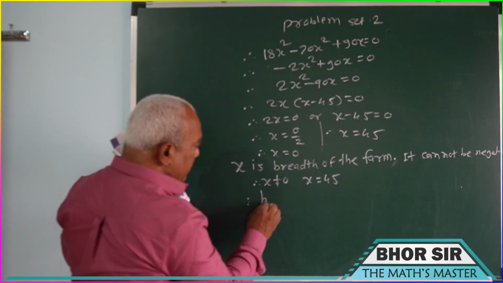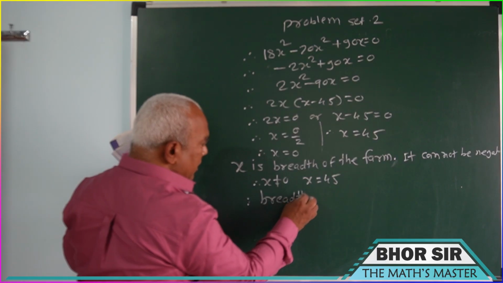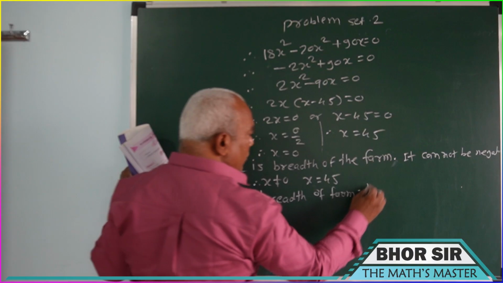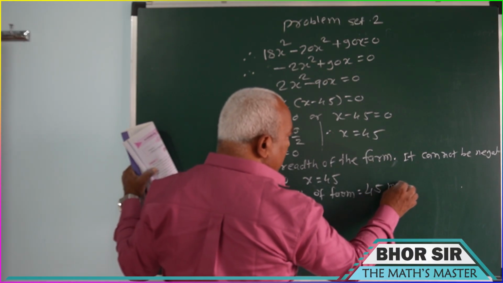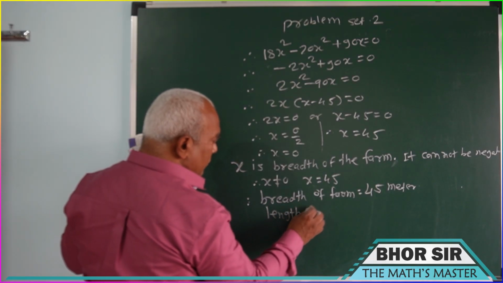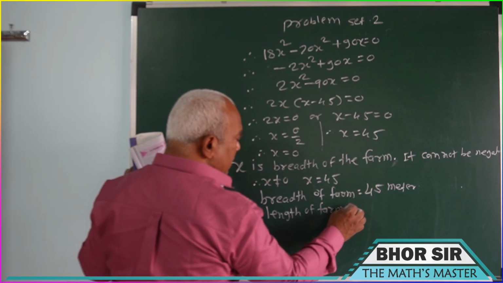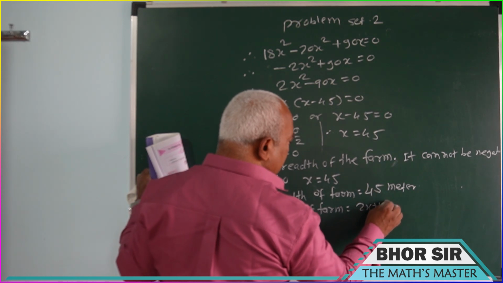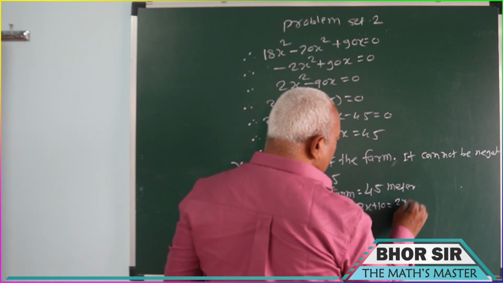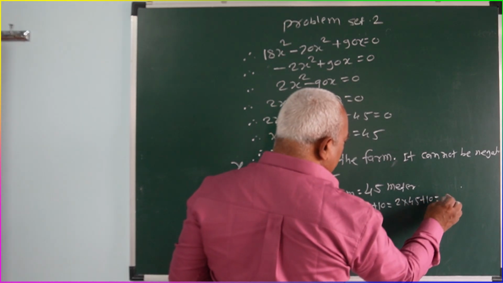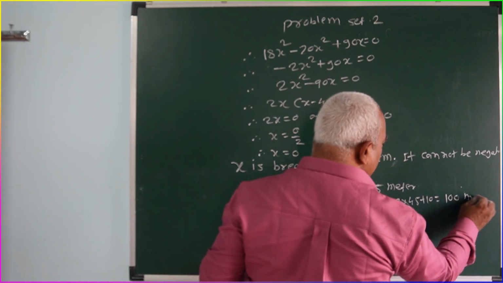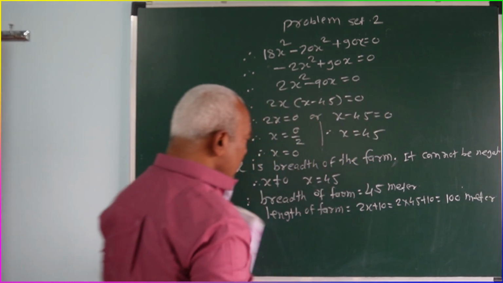Therefore, breadth of farm is equal to 45 meter. Length of farm is 2x plus 10, 10 more than twice the breadth. 2 into 45 plus 10 is 90 plus 10, 100 meter length.